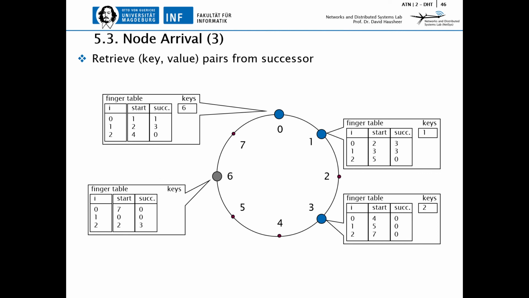And in this case, the key-value pair with ID 6 that is currently stored at node 0 is now newly assigned to the new node 6. And so the key-value pair with ID 6 needs to be transferred, in this case, to node 6.